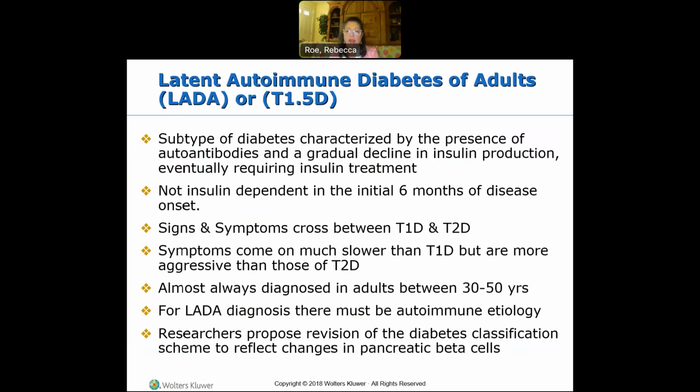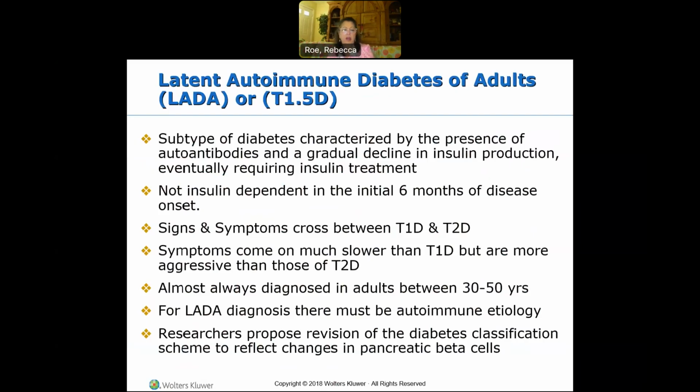And for that final confirmation of a diagnosis of LADA, there has to be an autoimmune etiology, whether it's thyroid disease, rheumatoid arthritis, lupus, Sjogren's, something that's in that autoimmune category.